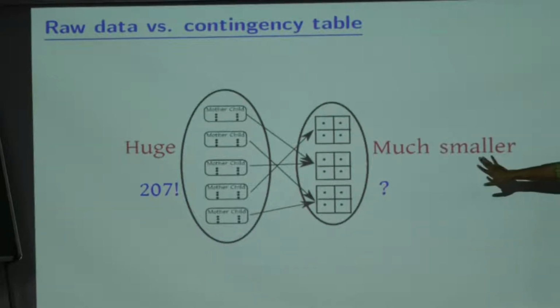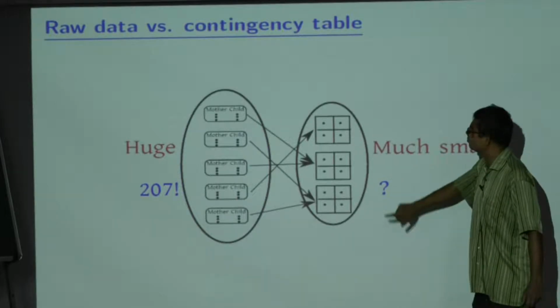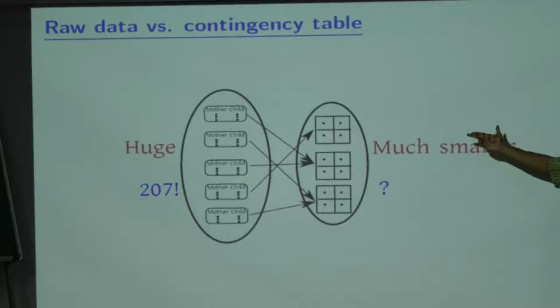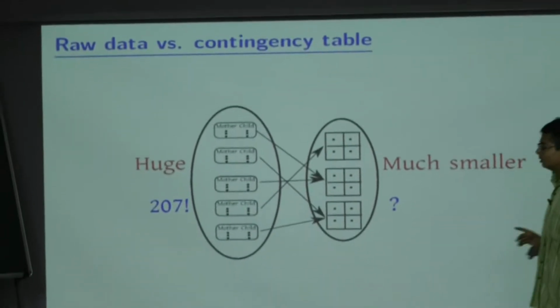It is not that easy to find out what is the total number of 2 by 2 tables such that the marginals will be that. It is not very difficult, but if it is something like m by n table, that itself is a pretty tricky problem. How to find the total number of m by n contingency tables such that they have fixed marginals, some given marginals, some given totals. So that is not a very simple problem.